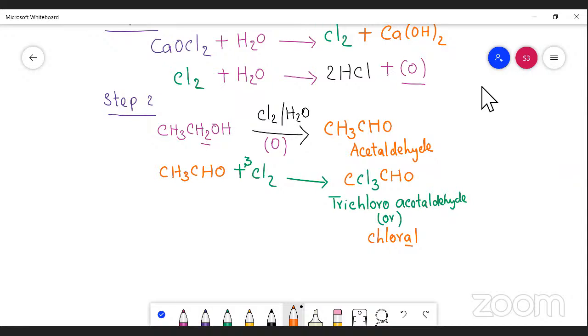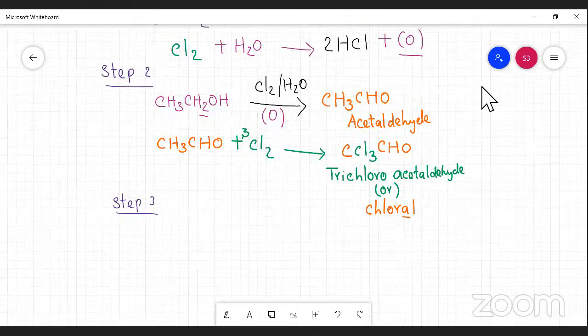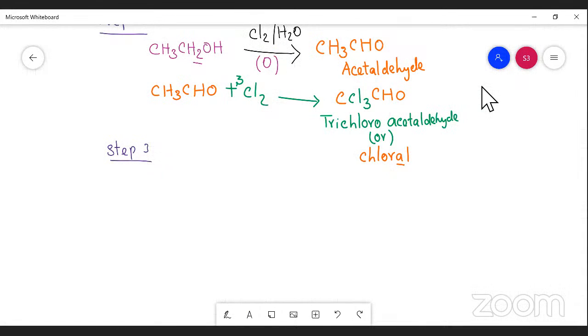Now this trichloroacetaldehyde is reacted with calcium hydroxide, which is produced from the bleaching powder. So we are taking step 3. Then we are getting the trichloroacetaldehyde, or chloral, that is CCl3CHO.